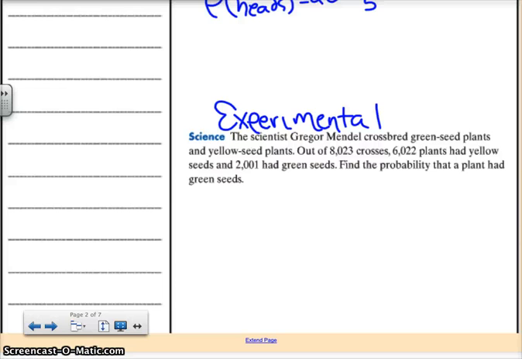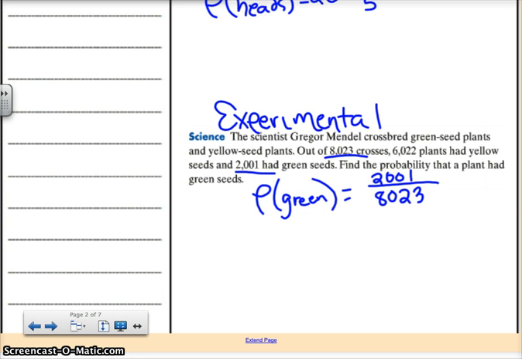So we want to find the probability that a plant had green. Probability of green is equal to 2,001 green seeds over 8,023 total crosses.